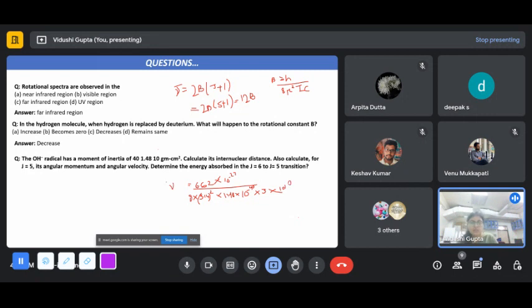So what will be the value of this wave number? It will be 227 centimeter inverse. Sorry, not wave number, it's B. So you know mu is 12B.